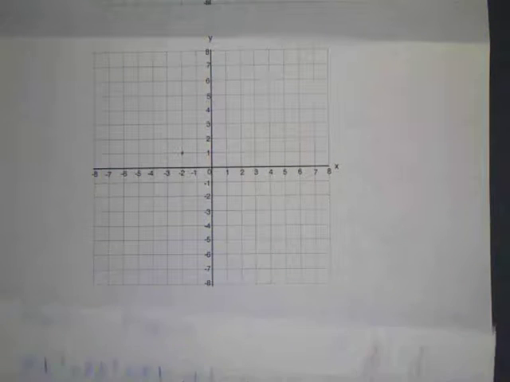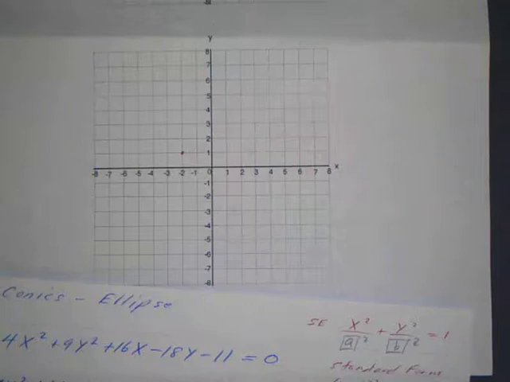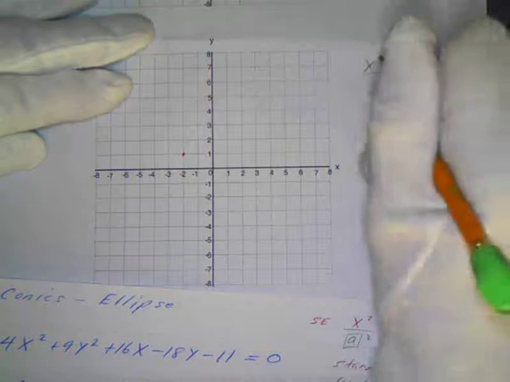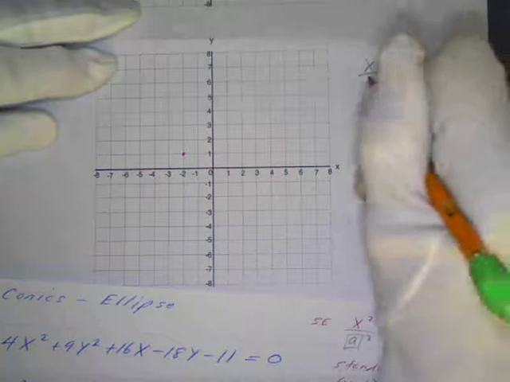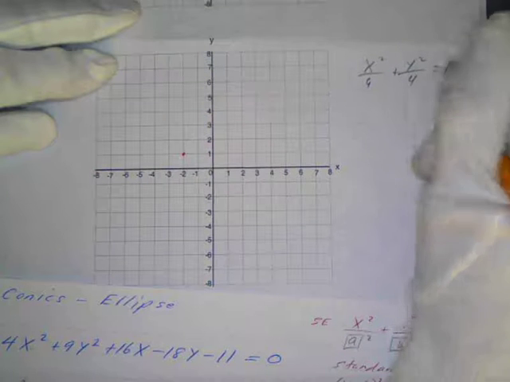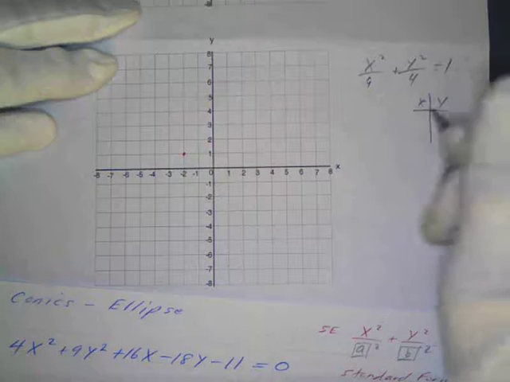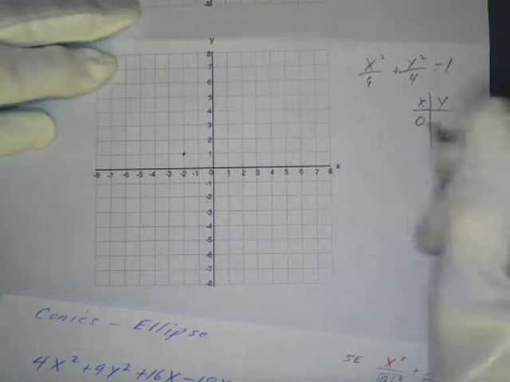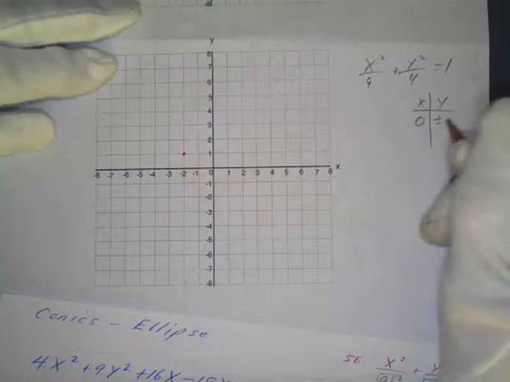Okay. And then my a is going to be 3, so that's going to be my major axis. So I always check it over here. In other words, our shape equation would be x squared over 9 plus y squared over 4 equals 1. So we do a table of values, x and y. When x is 0, y squared will equal 4, so y would equal plus or minus 2.